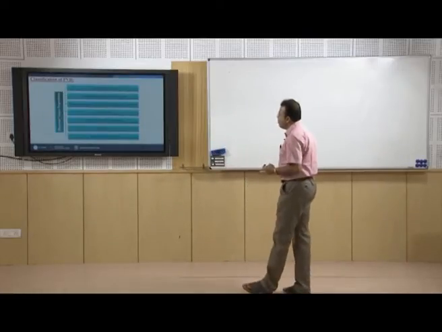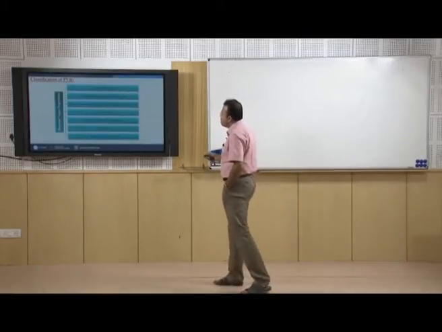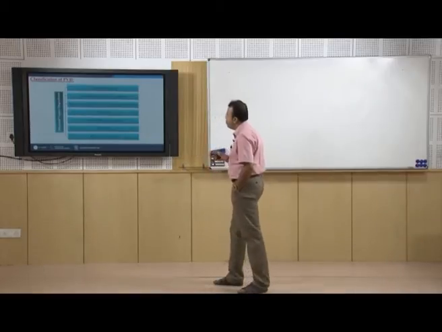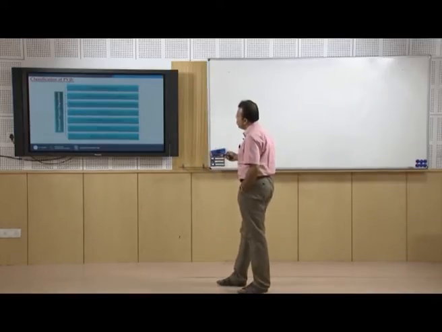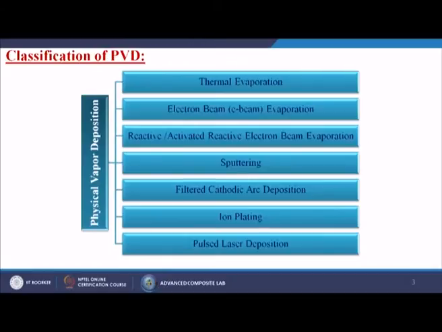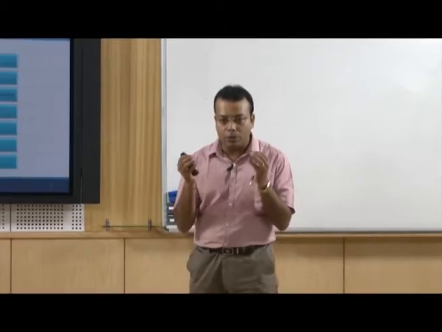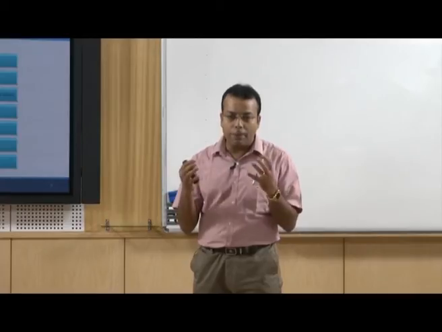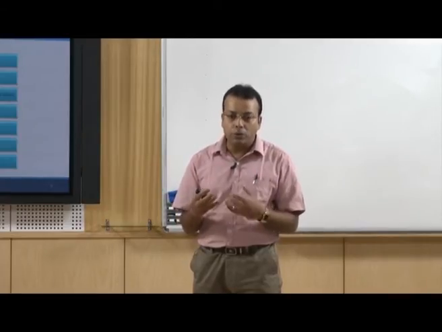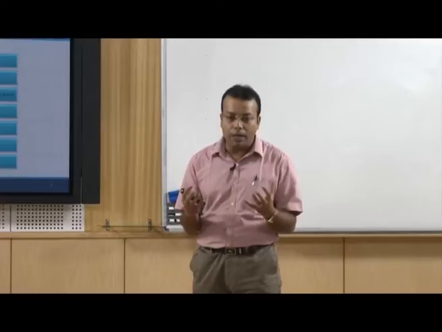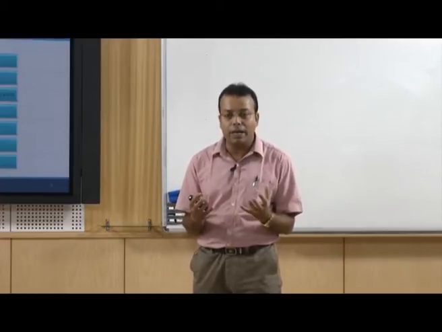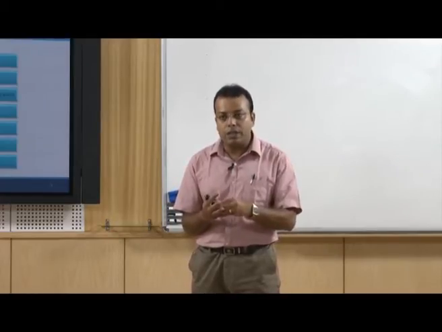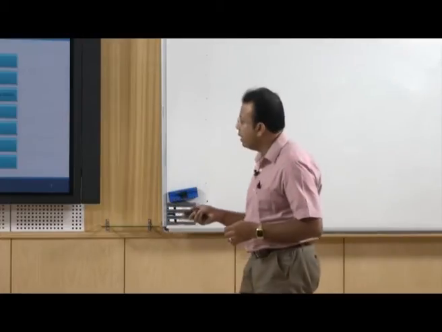Next, we are going to discuss the classifications of the PVD, or physical vapor deposition, process. There are several types of classifications available in terms of how we are going to modify those samples, how we are going to agitate the materials, how we are going to do the coatings, or what type of energy we are using to agitate those materials and do the coating over the substrate.